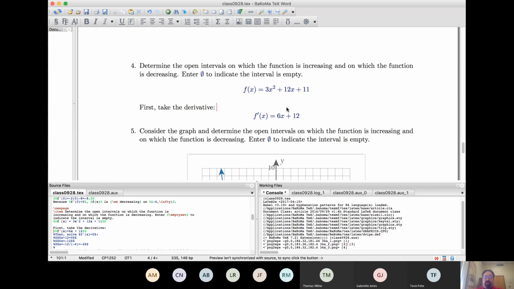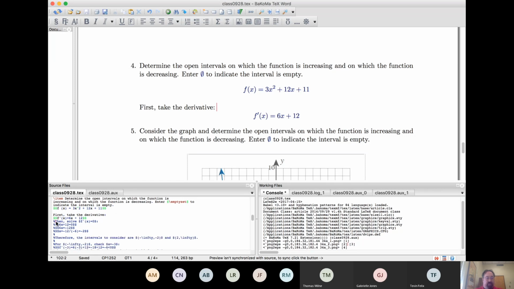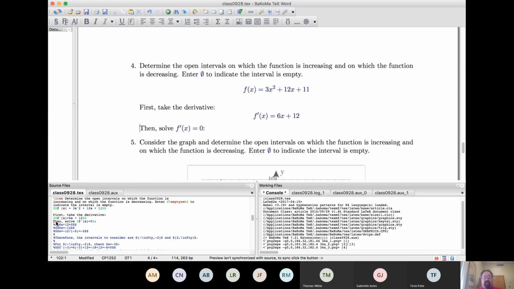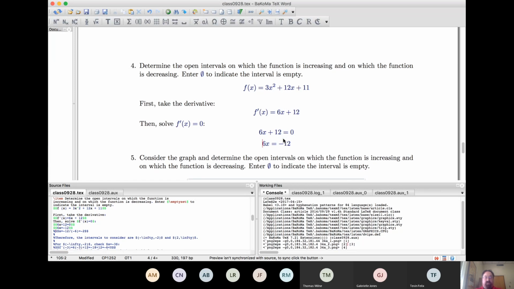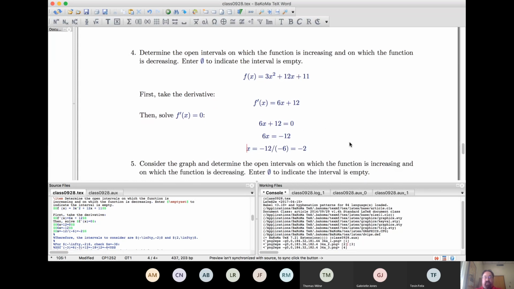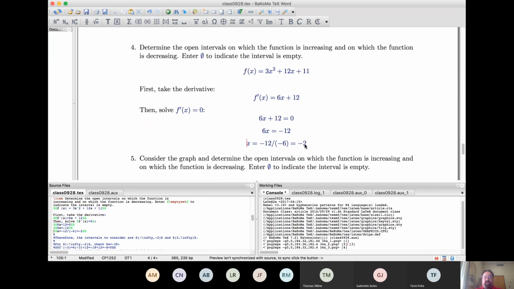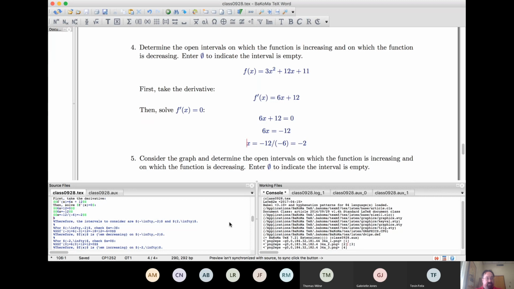Here we just go ahead and use the power rule on each term again. And like before, set the derivative equal to 0 and then solve for x. So just go for the algebra here, and we get -2. That is the only point at which the derivative is 0.